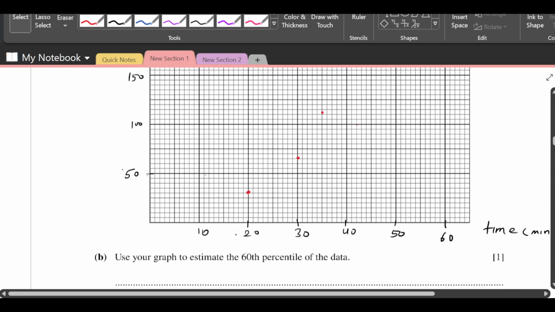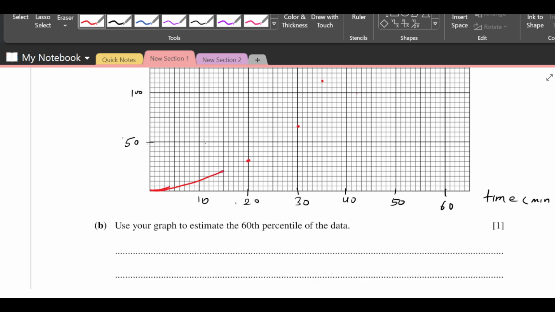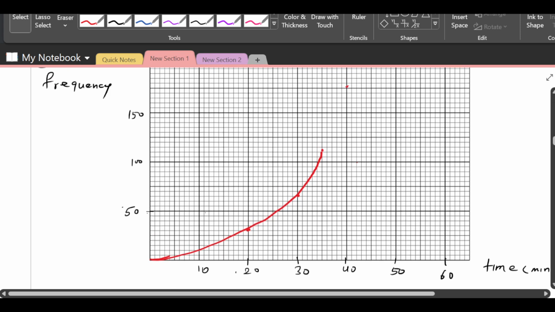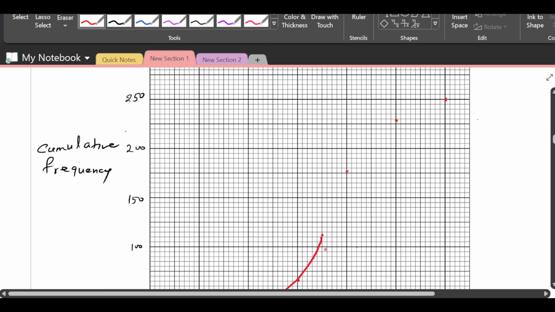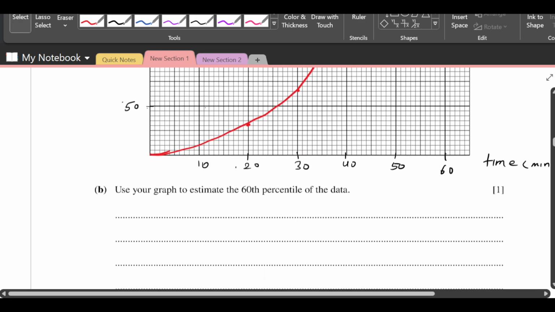So when it starts, nobody has completed, so we can start with 0. The graph will go like this, from 0 it will start. You can draw with freehand or with a scale as well. I prefer to draw with freehand. Yeah, wonderful. Okay, so your graph.